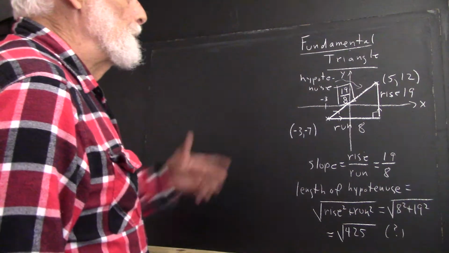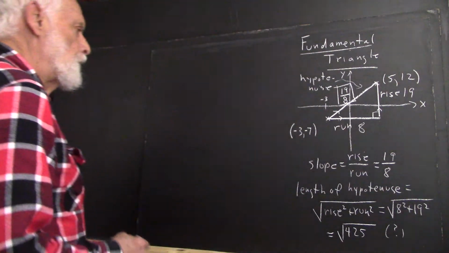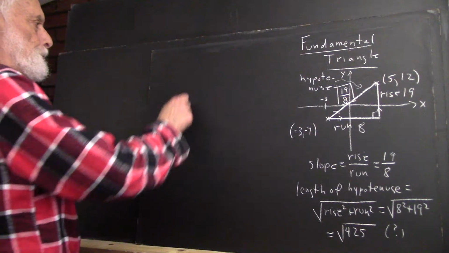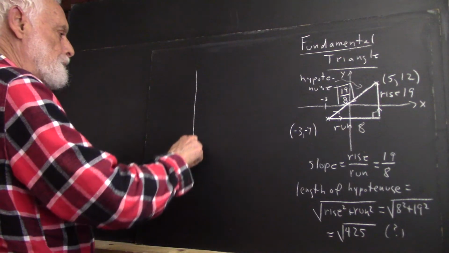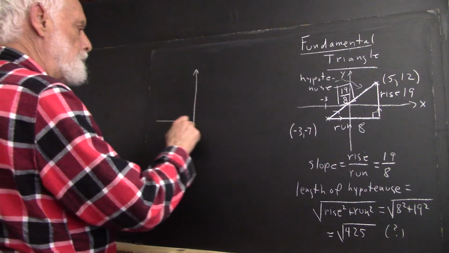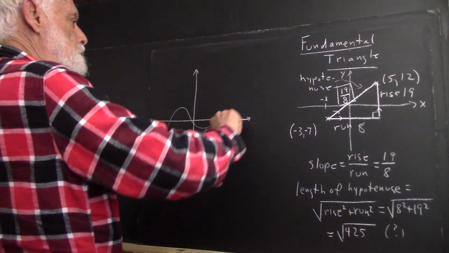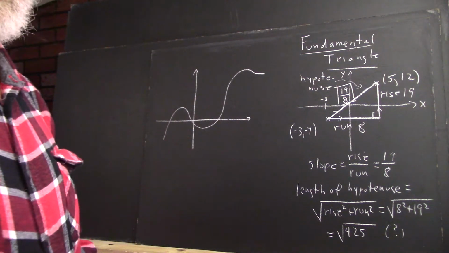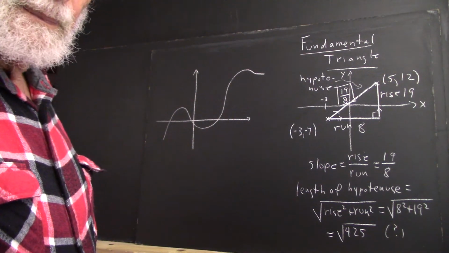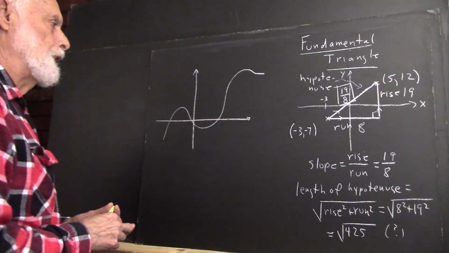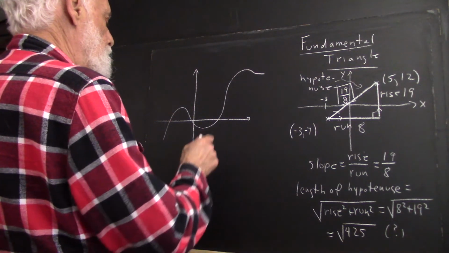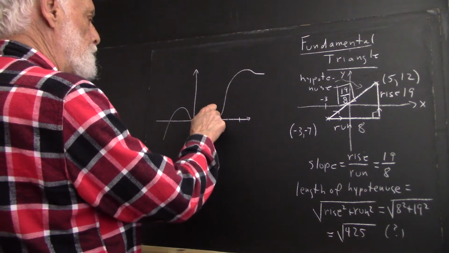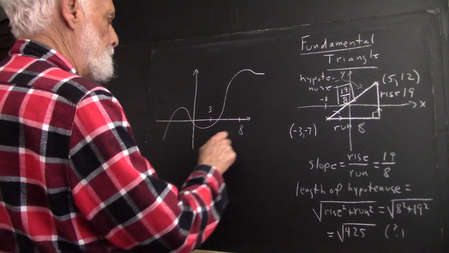Okay, now, fundamental triangle related to slope, well there it is. If we have a graph and we want to calculate an average rate of change based on the graph, and let's say we want to calculate an average rate of change on the interval from, let's say, x equal to 3 here and 8 here.